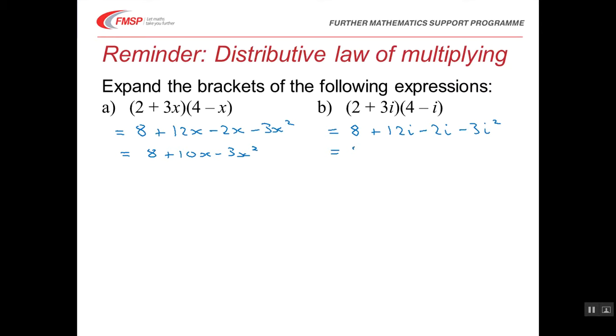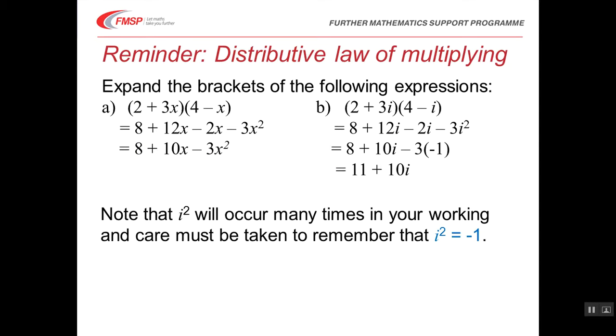Before we collect like terms, we have to be careful here. We've got 8 plus 12i minus 2i minus 3 times i squared, and remember, you've got to be careful with that one, i squared is minus 1. So we've got 8 plus 3 is 11, and when we collect the 12i and the minus 2i, we of course get 10i.